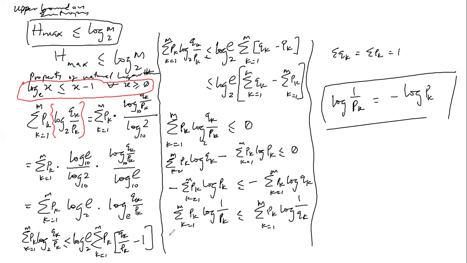Now, if, for instance, the probability distribution is such that the symbols are equally likely and independent, it means that the probability distribution Q sub k will be the same as 1 over m.